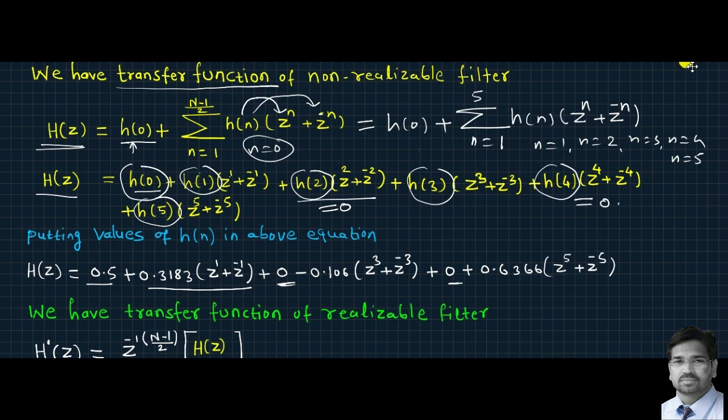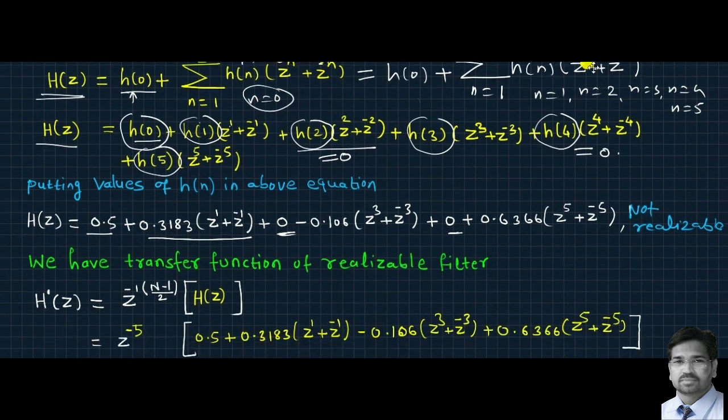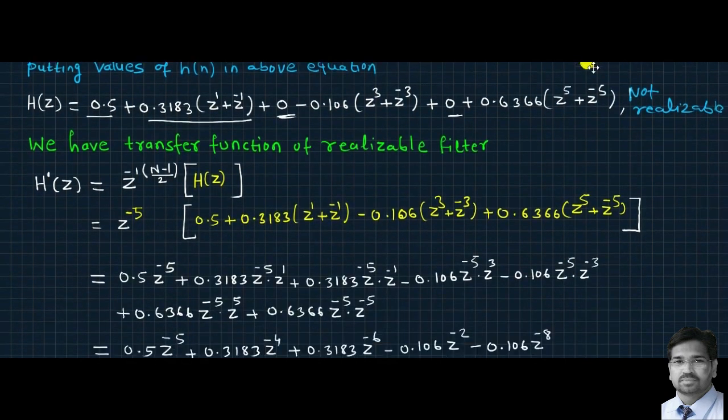Now, this equation is not realizable. This impulse response, this transfer function, is not realizable. Now what do we have to do? We have to delay the transfer function of the system by multiplying with z^-(N-1)/2, the amount of delay.